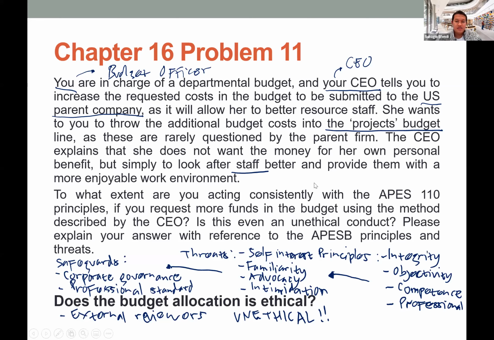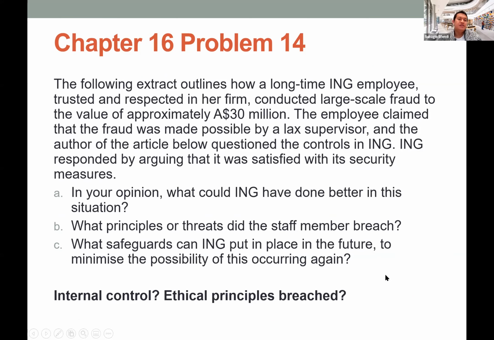Okay, so let's continue to the next one, problem 14. In problem 14, we have a real fraud case in ING, a very big financial company. We have an employee in the accounting department, Rajina Subramaniam, a senior accountant.